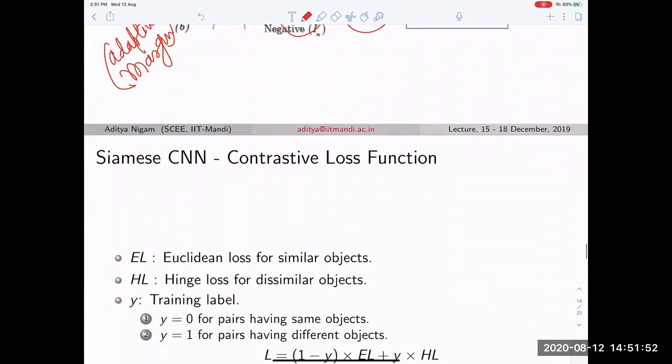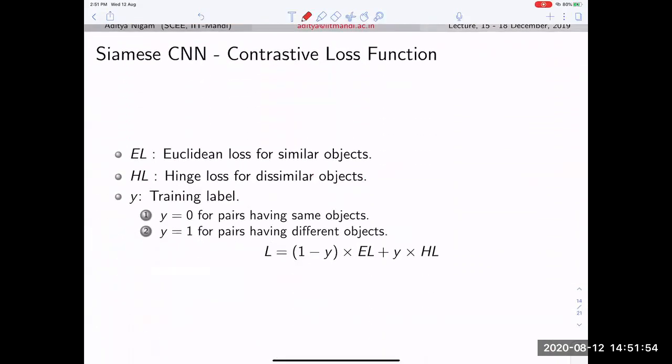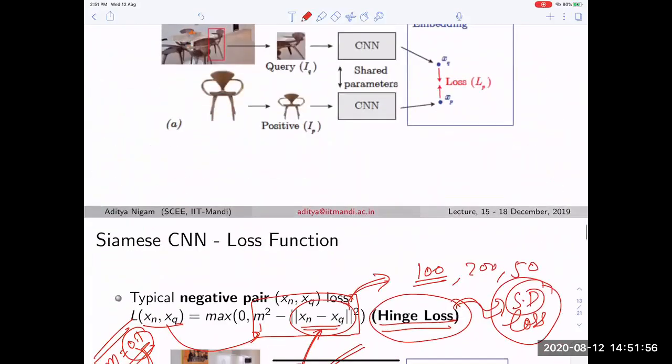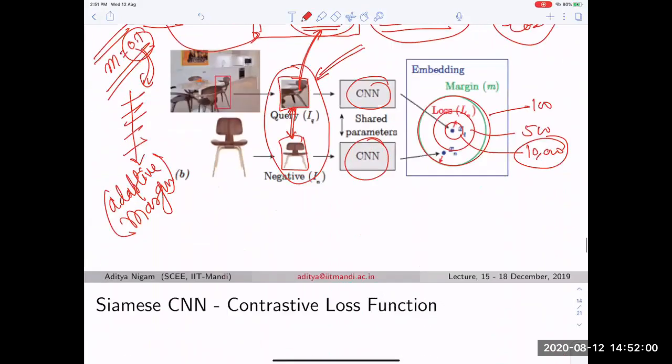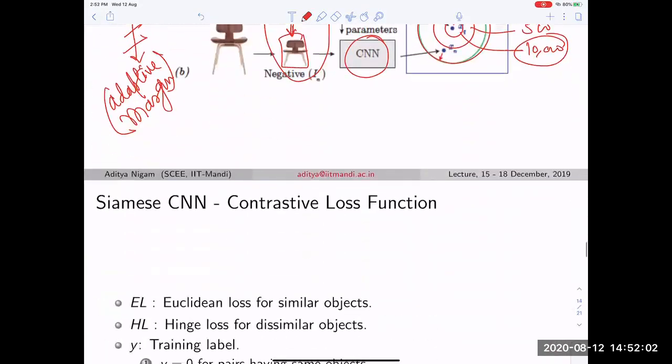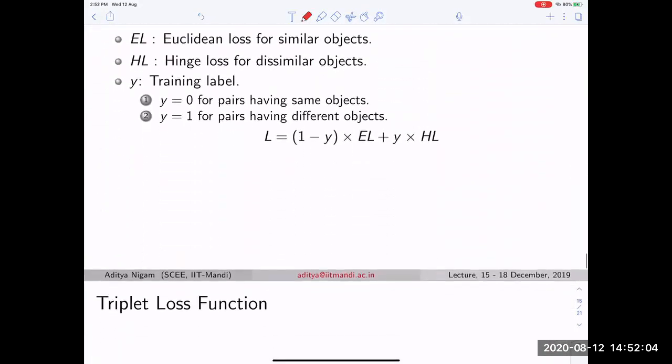Okay, sir. Once we understand that this is my positive loss and that is my negative hinge loss, I add both of these losses in such a way that if it is positive, then this loss is activated. If it is negative, then this loss is activated. Why?